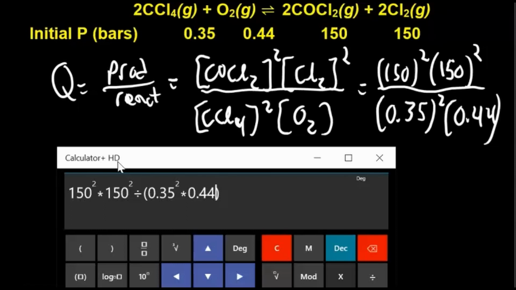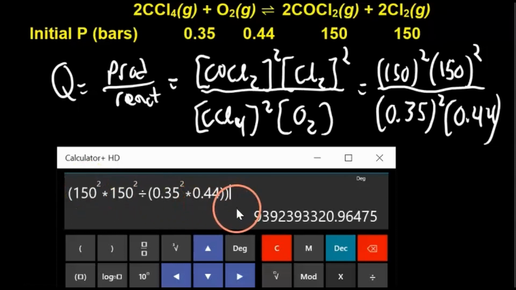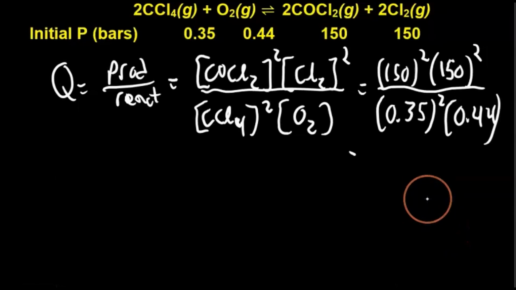Does that look good? I really like these calculators where you can see what you type. Holy wow, another huge number. 1, 2, 3, 4, 5, 6, 7, 8, 9. 9.4 times 10 to the 9. Okay, so 9.4 times 10 to the 9.